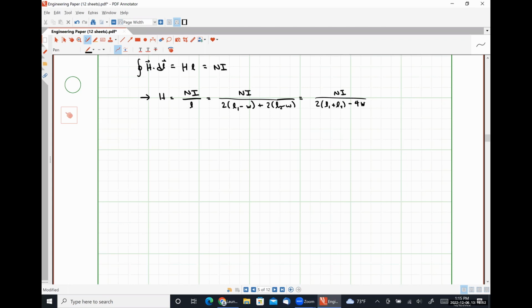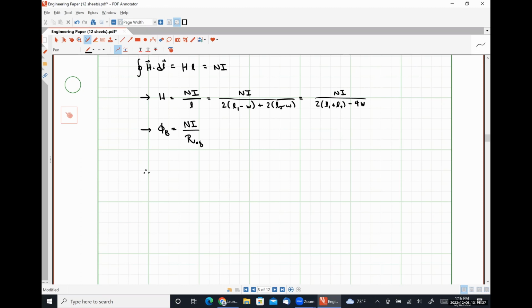What if we wanted to know what our flux is? So flux, we found, was Ni over the equivalent reluctance of our core material, right? So in order to determine this quantity, we're going to need to figure out what the equivalent reluctance is.